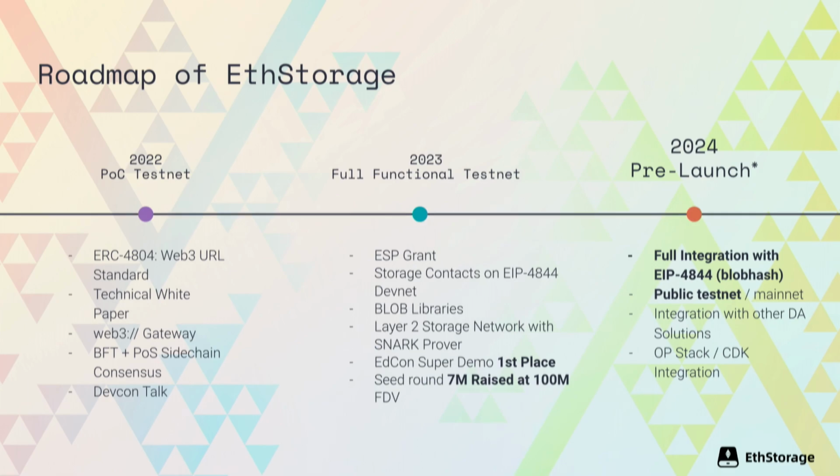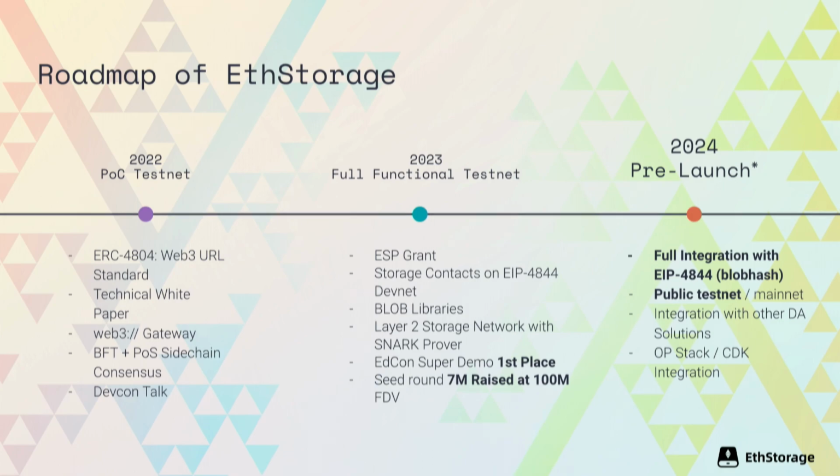Here is the roadmap of EthStorage. In the last year, we had a lot of major achievements. One is that we were first place at the Ethereum Cancun Super Demo, and we raised $7 million at a $100 million valuation. And for this year, we have a lot of planned launches.